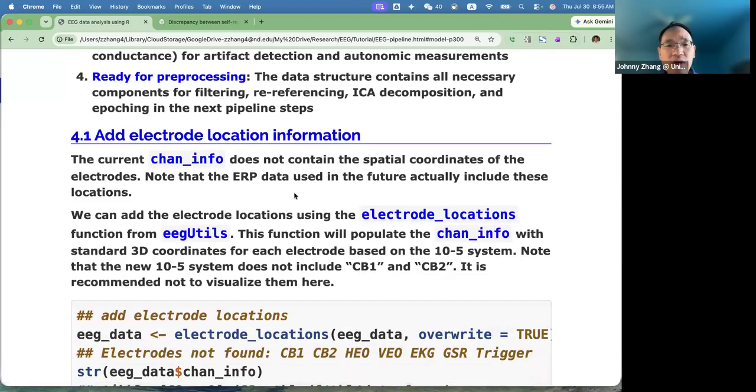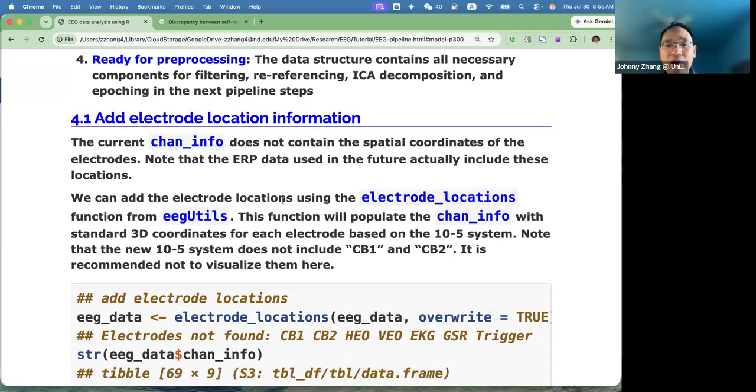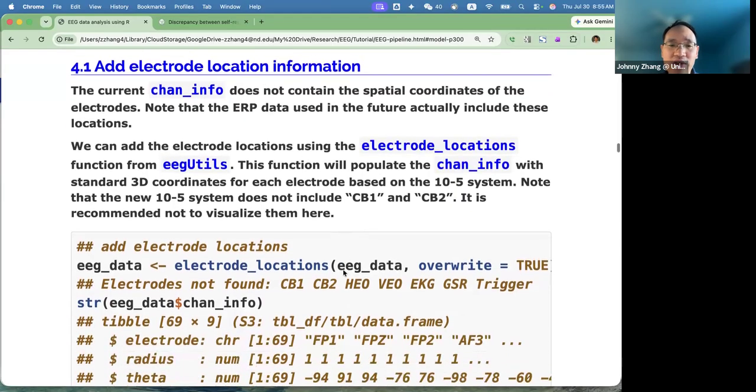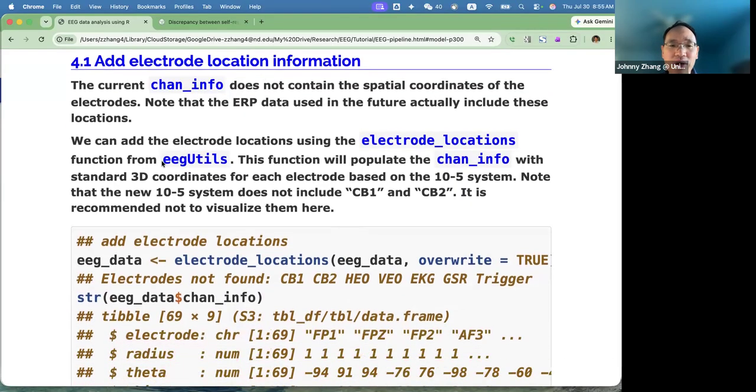As we already saw earlier, there's no electrode location information in the data set, right? But sometimes we need to visualize the positions of electrodes. Therefore, we can add the electrode information within R directly using this package.